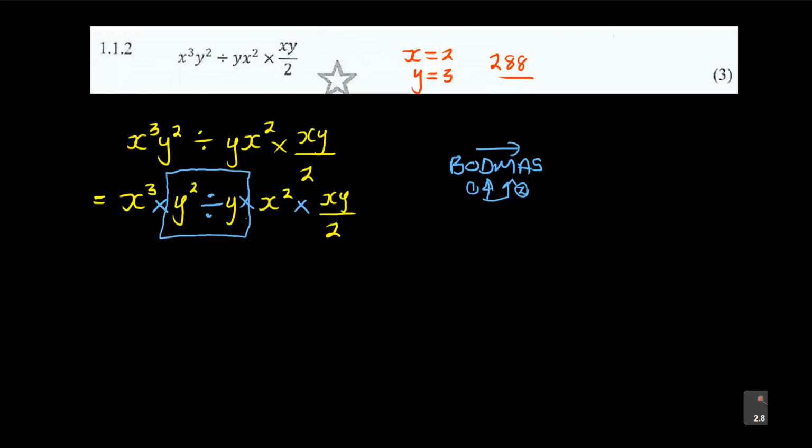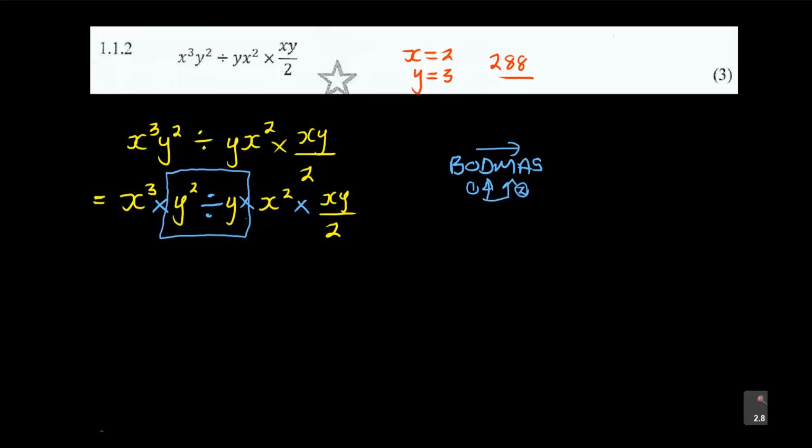My error is I was focusing on it being this divided by that. I was forgetting there was a multiplication sign there and there. So I took x cubed y squared as one thing, and that is absolutely wrong.